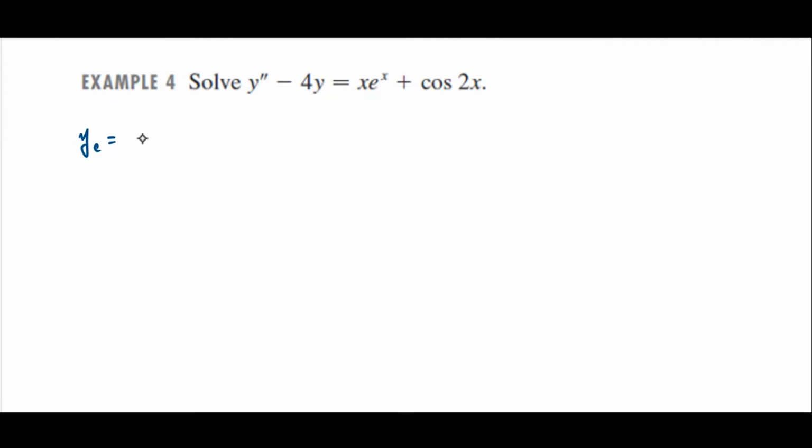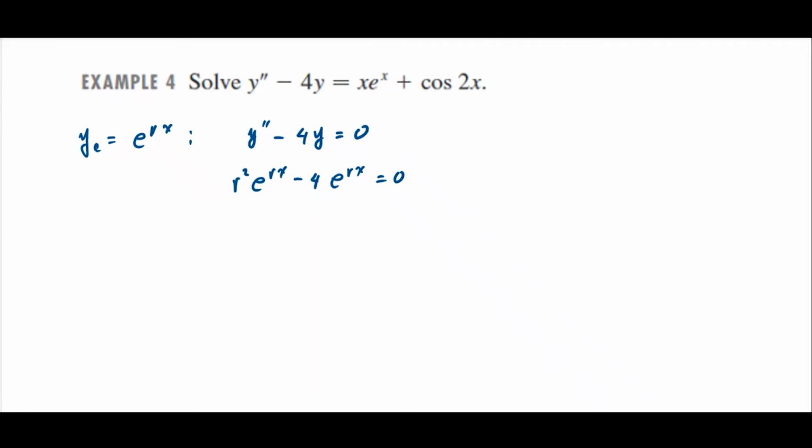And then we should try e to the rt, or x, as usual. And then if you plug it into y double prime minus 4y is equal to 0, here you will get r squared e to the rx minus 4 e to the rx is equal to 0.